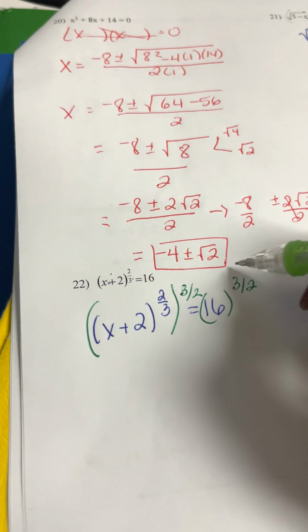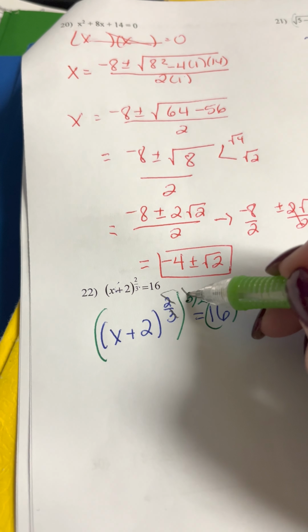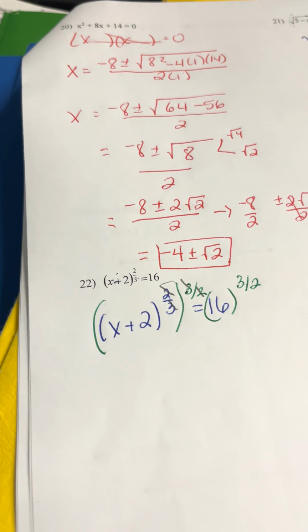Because what happens is when we raise a power to a power, we multiply those exponents, so it all cancels out. And over here, we're taking the square root of 16 and then cubing it. Well, the square root of 16 is plus or minus 4, and then cubing it. So we get plus or minus 64.